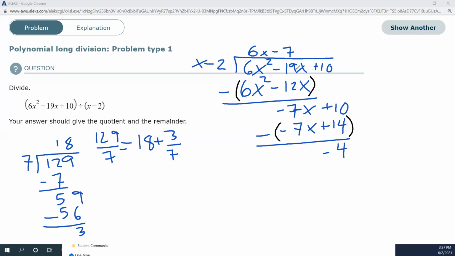Therefore, I can say that the original problem is equal to my quotient plus my remainder, it's a 4, it's hard to see, over my divisor.